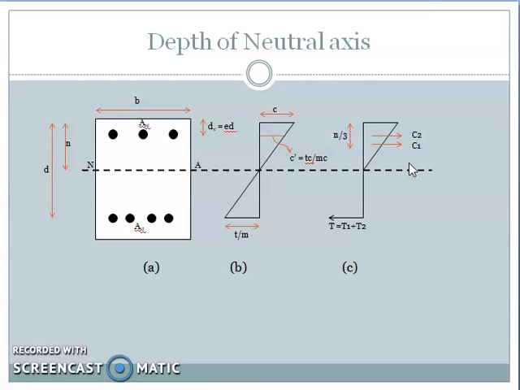And C2 is the compressive force that is generated in the compressive steel. Like we have T in tensile steel, we have C2 in compression steel. And C1 is the value C that we had in the singly reinforced section. It was only one compressive force that time. It was due to the concrete that is there in the compression zone. So that is equal to C1 here. And C2 is an additional compressive force that is acting at the compressive steel.